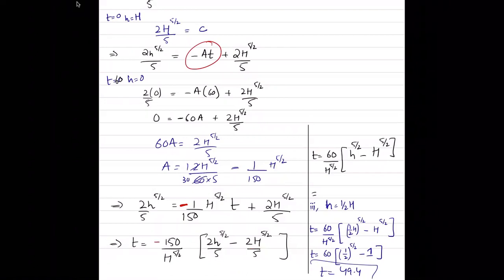So I'm still taking a negative sign over here, so that my answer is eventually positive. Then your answer is going to be 49.4. Did you understand the mistake that I made over here?